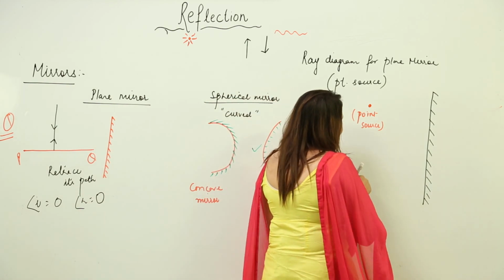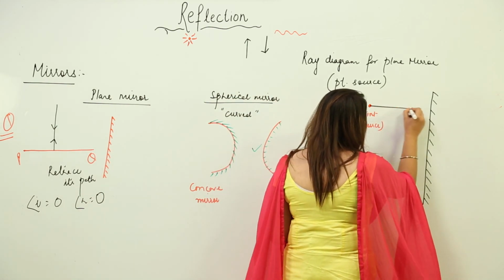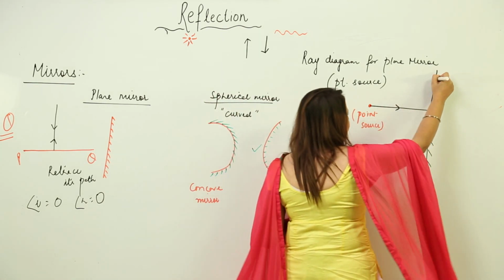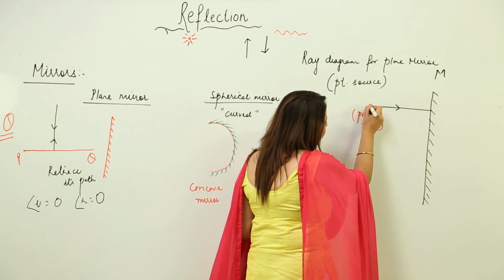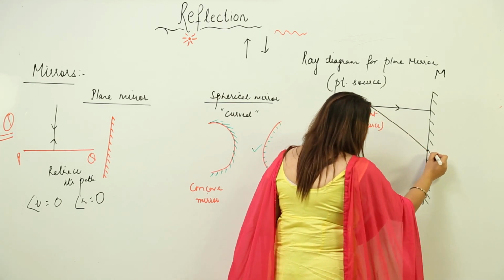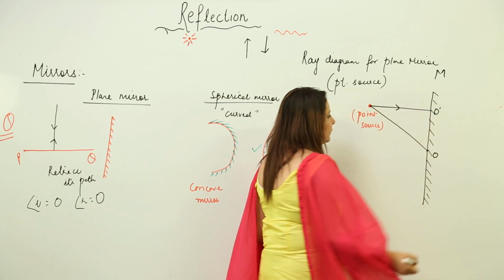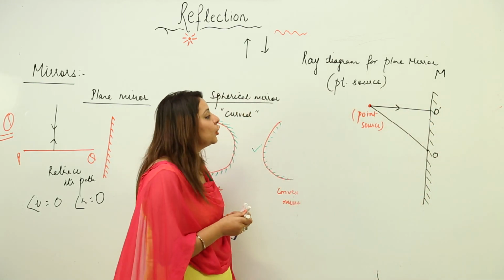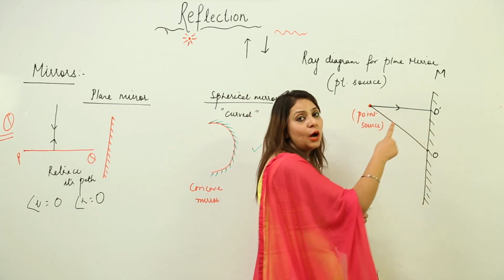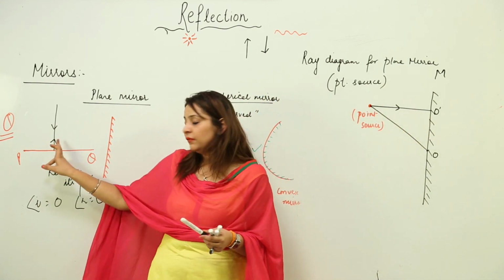So let's say that there are rays which are falling normally like this, and I'll write M because this is my mirror. There may be a ray which is falling at a certain angle. So let's say this is the point of incidence. Let's say this is also a point of incidence. Now, as I told you, whenever the light falls normally, it retraces its path after reflection, as we have already discussed.